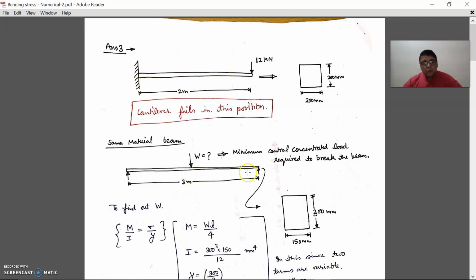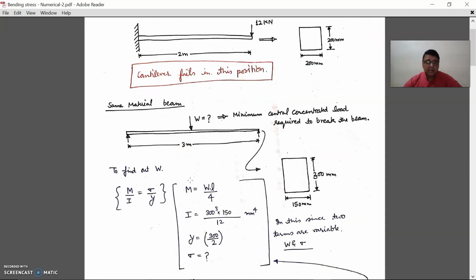And in this case also, he is asking for that value of W for which this particular beam will fail. So that value of stress we'll get from this equation, because the material is also the same, so we will use that value of stress in this second case, right?